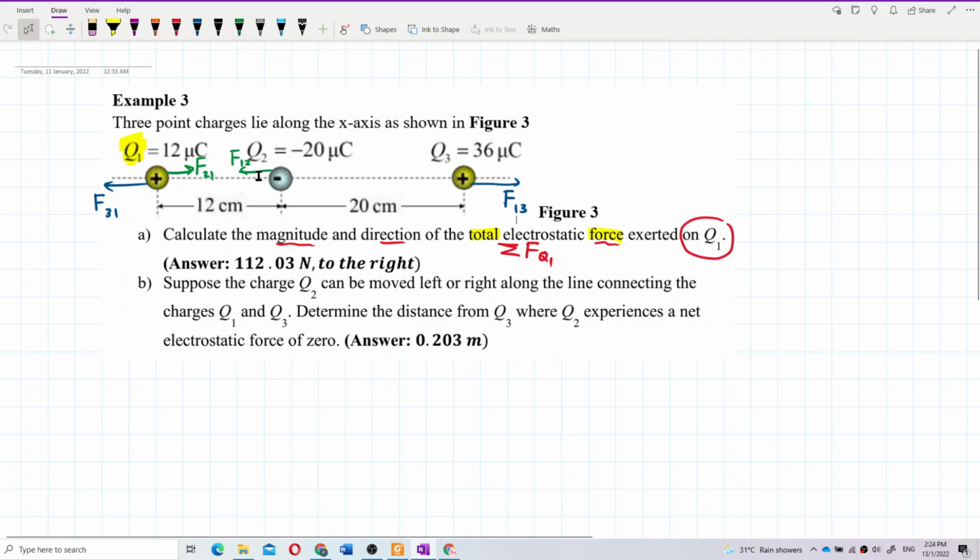In fact, we don't need to draw the forces on Q2 and Q3 either, so we can rub them off. Our focus is just these two forces, F21 and F31, forces on Q1.